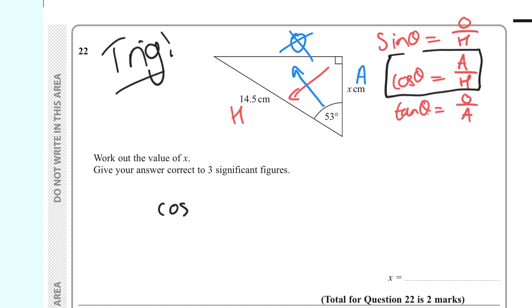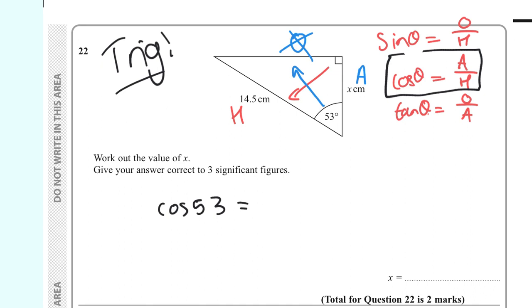The reason why I've taken out the X is because they've used X in the question. If they used a different letter, I could have got away with it, but it's just going to be confusing to use X in the angle bit, so I've got rid of it. Alright, so cos theta, so cos of the angle in this question is 53.